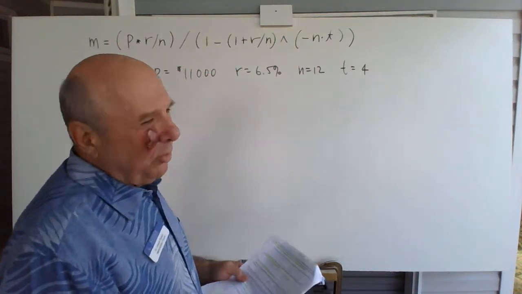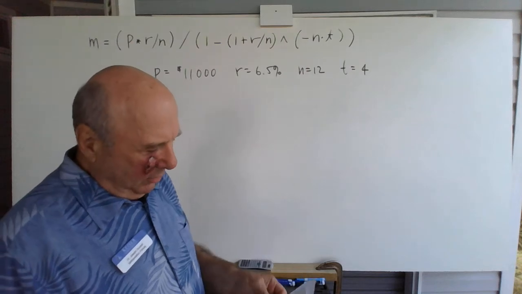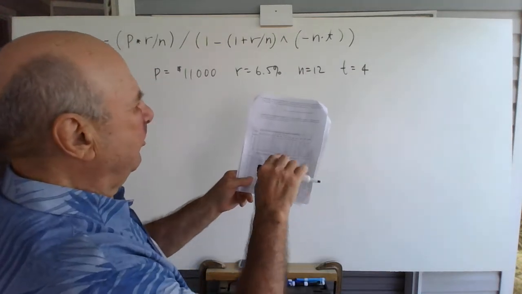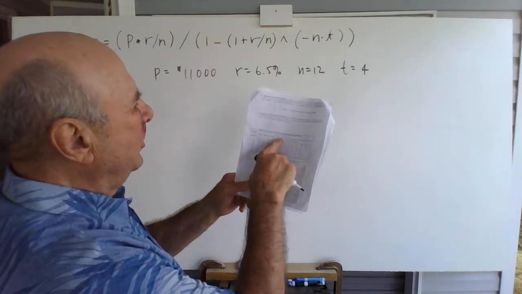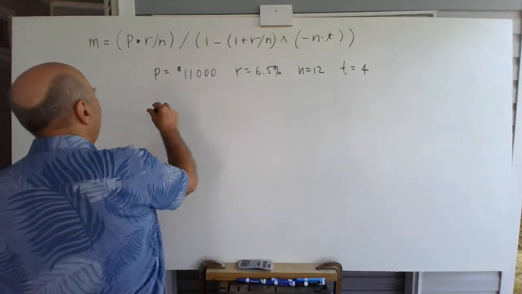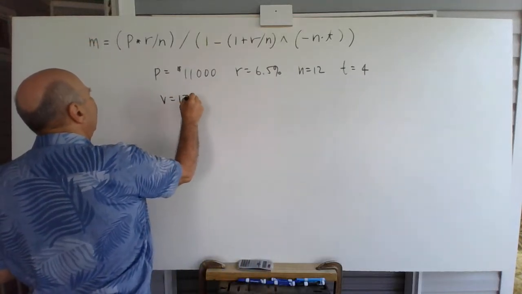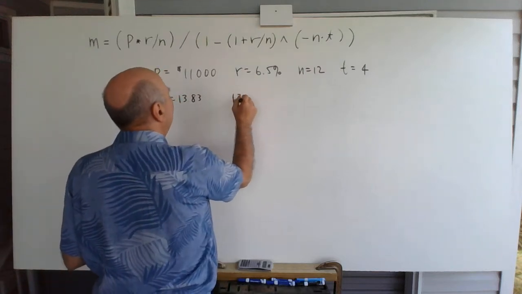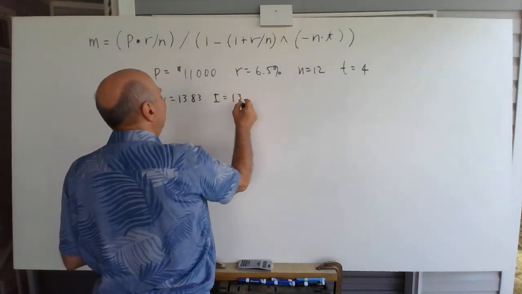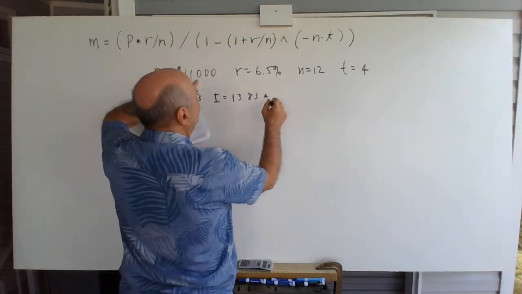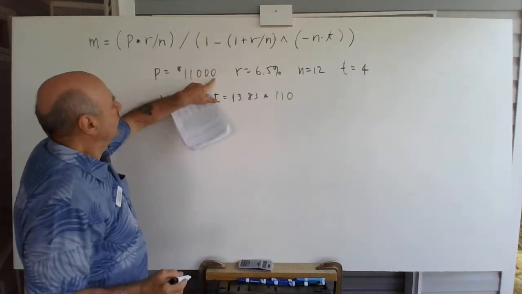So let's work it backwards. Let's look at the table. If you find 6.5% at the top, and you go down to 48, you get 13.83. So I multiply V by the number of hundreds. That'll give me the total interest. The number of hundreds is 110, right?